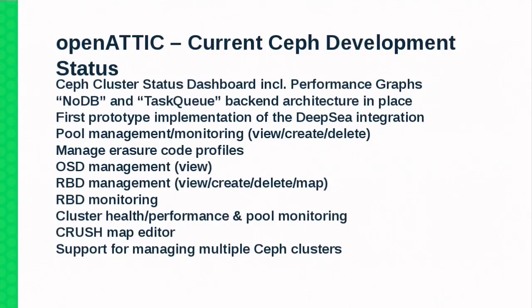The NoDB models basically cut off the database layer, but instead there's an abstraction layer where the data that we want to retrieve is being pulled from the actual object that we want to manage. In the case of the Ceph cluster, we define Django models, but the data is coming right out of librados from the Ceph cluster directly. So we basically misuse the metadata from the Ceph cluster as the database table, to put it this way.